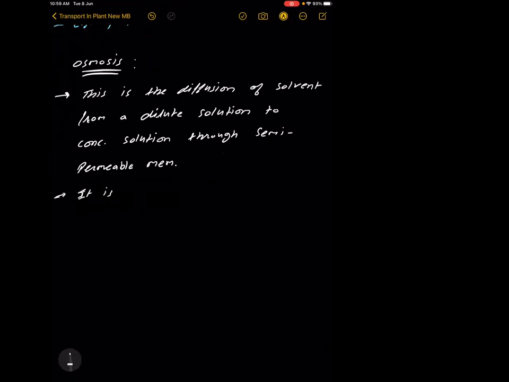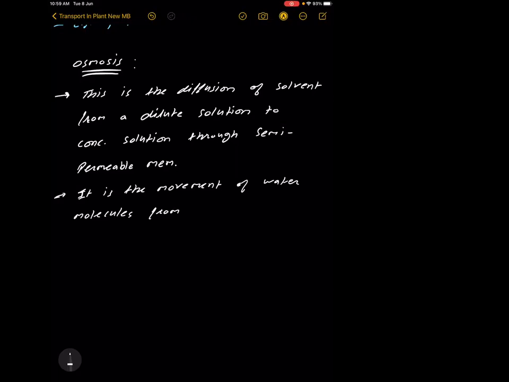It is the movement of water molecules. In other words, I'm defining this. The same concept is here.